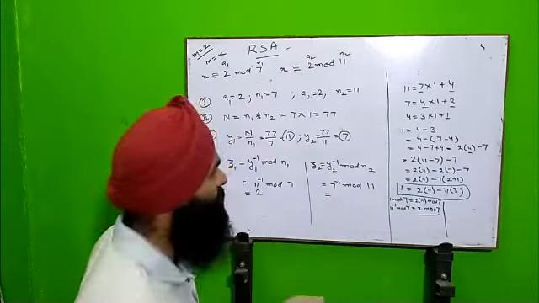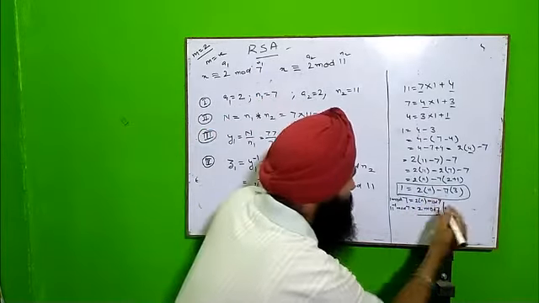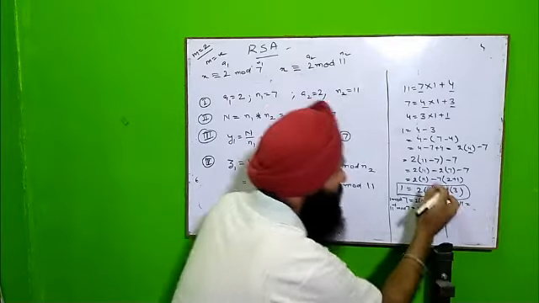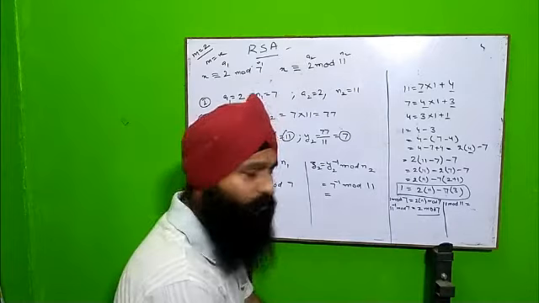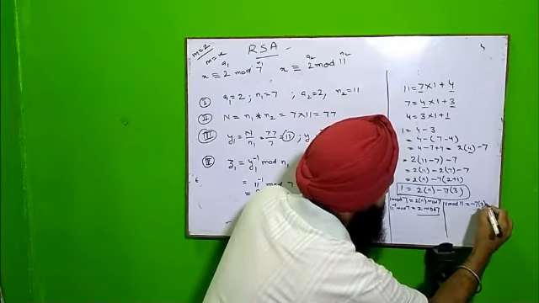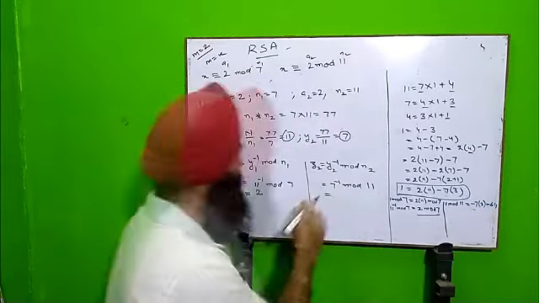Similarly, taking mod 11 from both sides, 1 mod 11, that term would be 0, and we will have minus 7 into 3 mod 11. So here we will need 7 inverse.